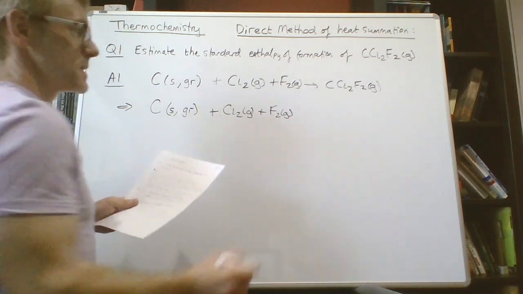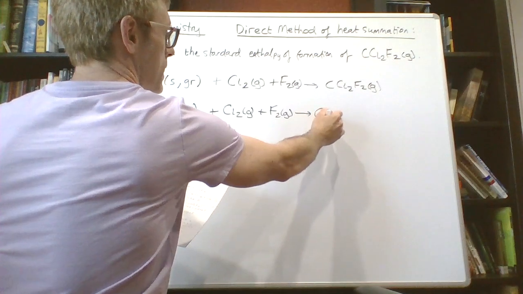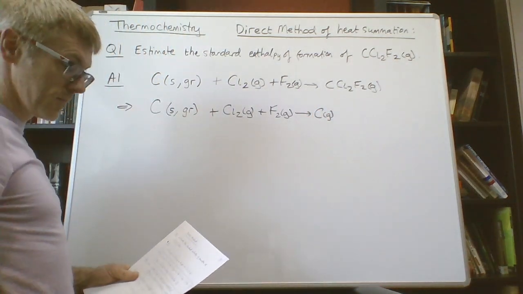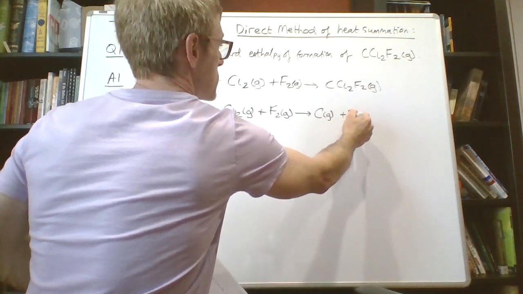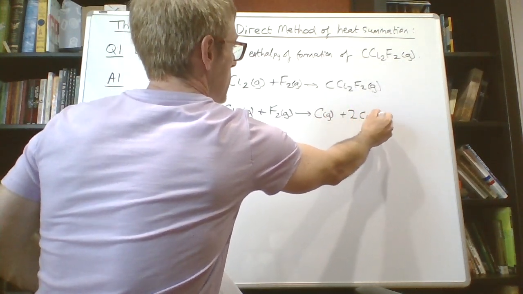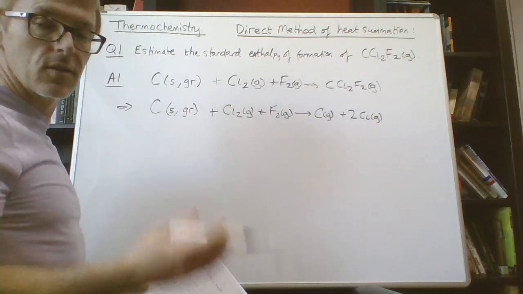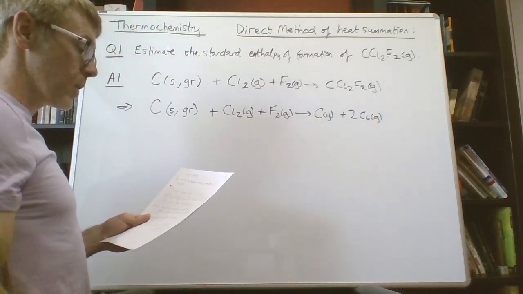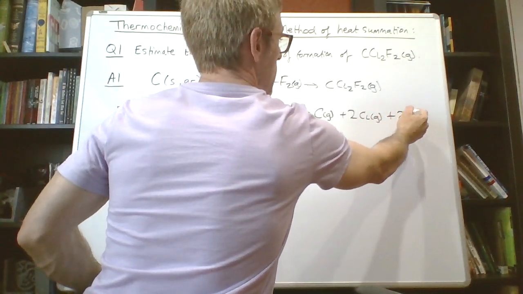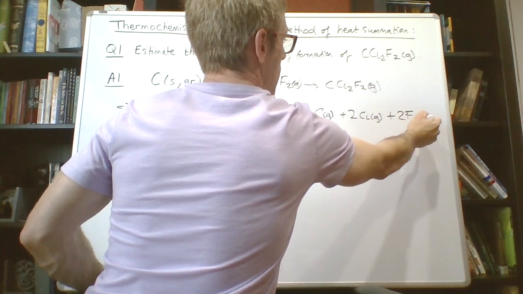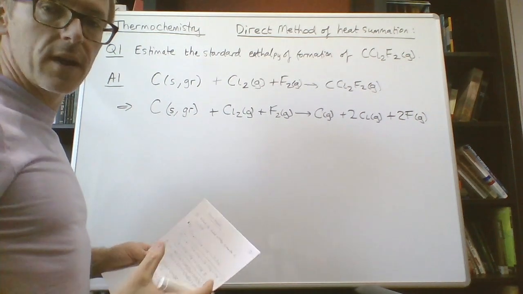Well, if we want to break this down, we have to convert this to carbon in the gaseous phase. We have to break this bond, so we have 2 lots of chlorine in the gaseous phase. So we've broken 1 Cl2 into 2 Cls. And we have 2 fluorines in the gaseous phase. Okay, so we're stripping our bricks away of all its old mortar.